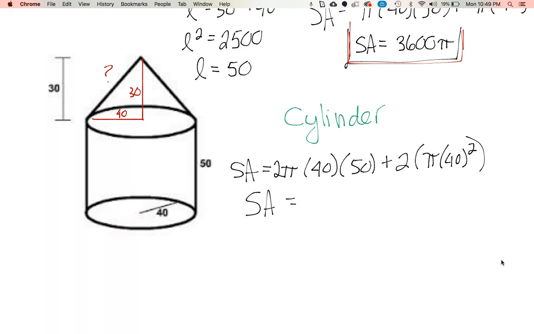So this is going to be, let's see here, 7,200 pi. So that's 40 times 50, which is 2,000. Double that is 4,000. Then I did 40 squared, which is 1,600, times 2 is 3,200. So 4,000 plus 3,200 is 7,200 pi.